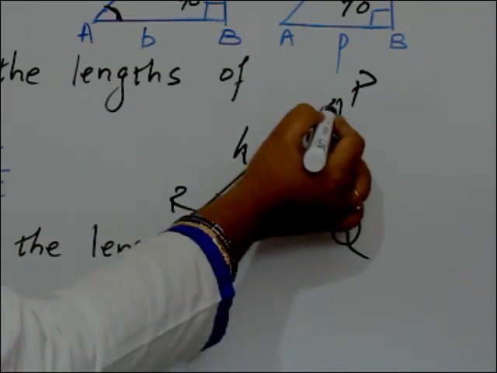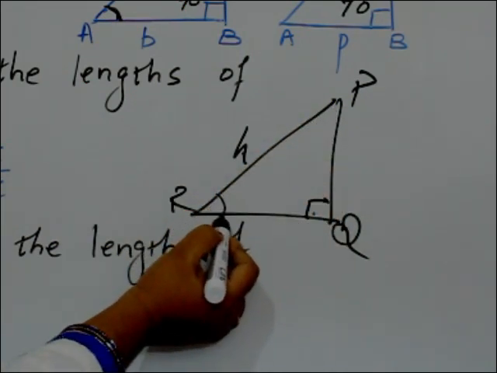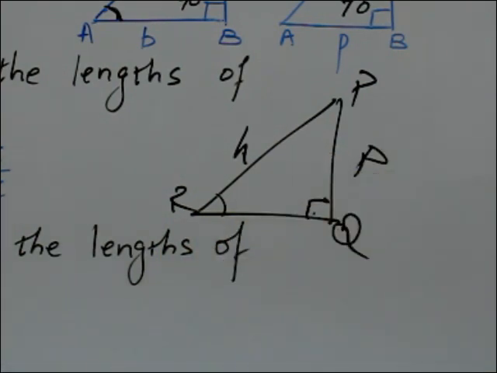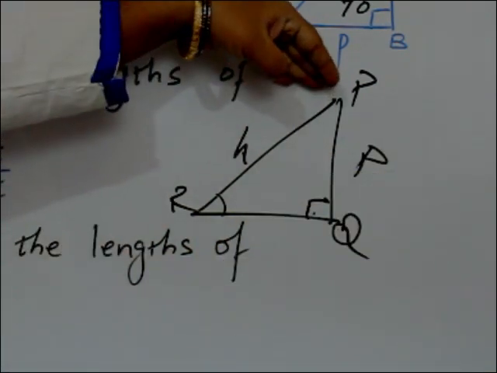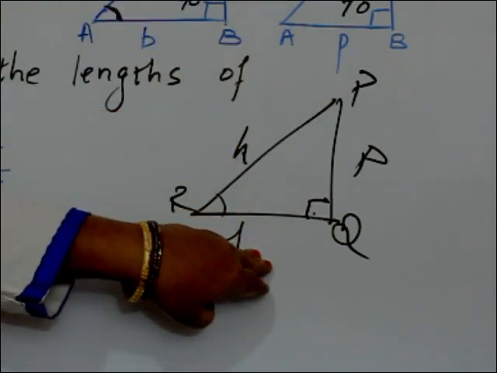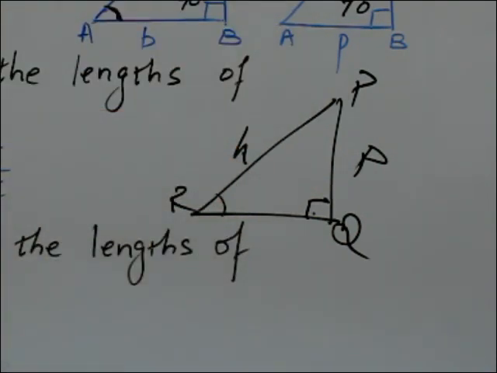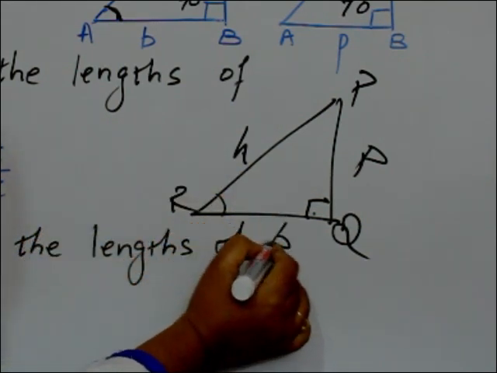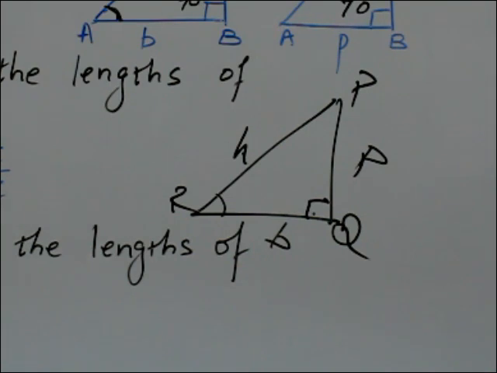If this angle is the angle of reference, its opposite side is the perpendicular. The side adjacent to the angle of reference will be the base. Clear? So like this you have to first mark it.